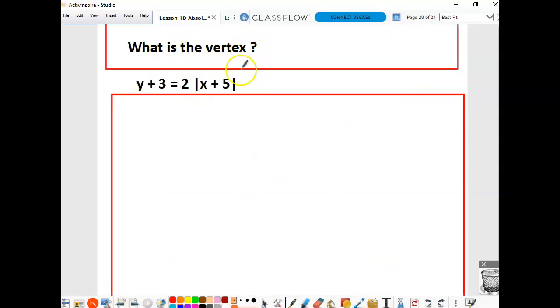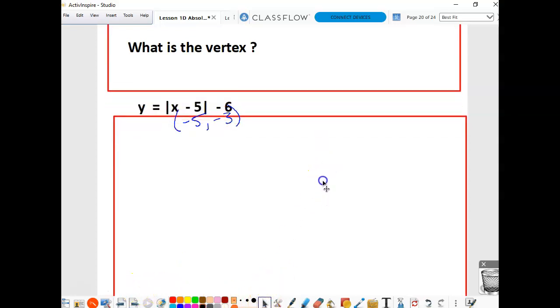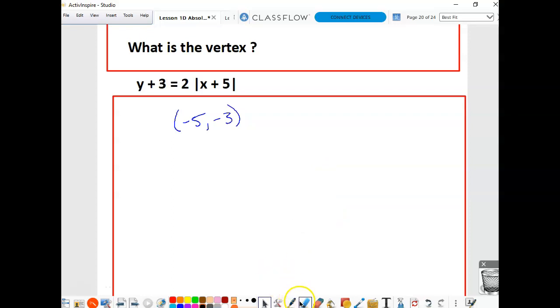So what is the vertex of this graph? Well, my H is negative 5 and my K is negative 3. I should be able to pull the vertex directly out of the equation. Oops, I kind of wrote that in the wrong place. Let me write that in the right place. So -5, -3 is that first one.